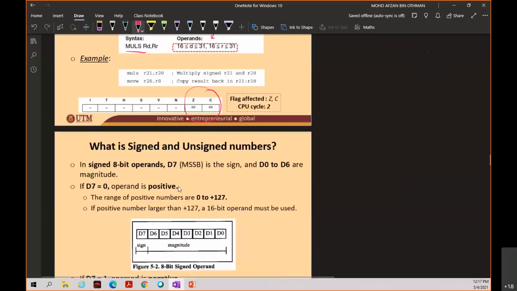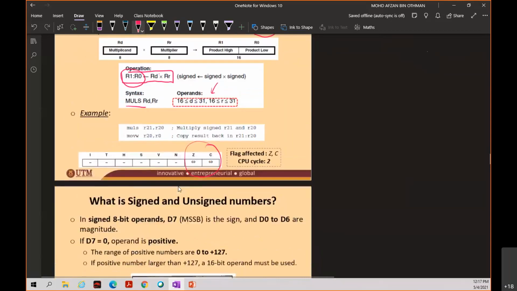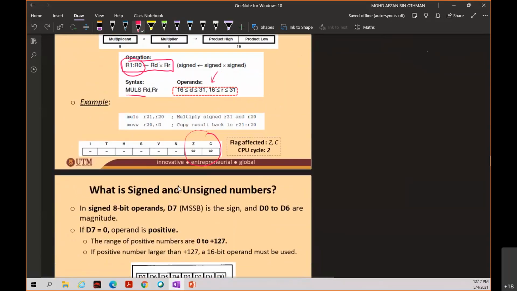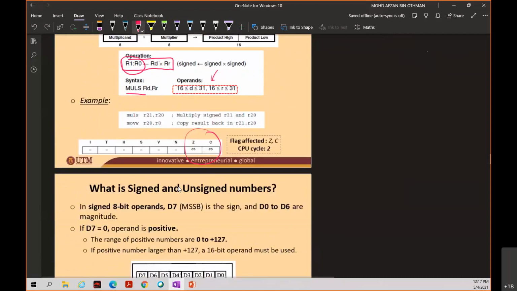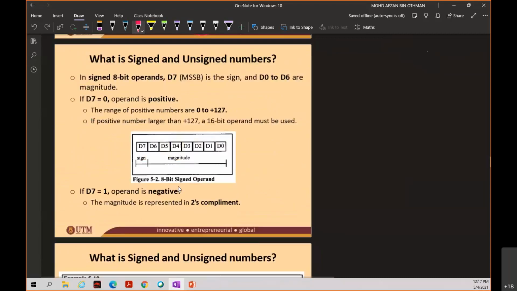And last but not least, before that, because this one involves signed numbers, before we go into more detail on MULS and MULSU, we are going to see what signed and unsigned numbers are, because the multiplication will involve both.